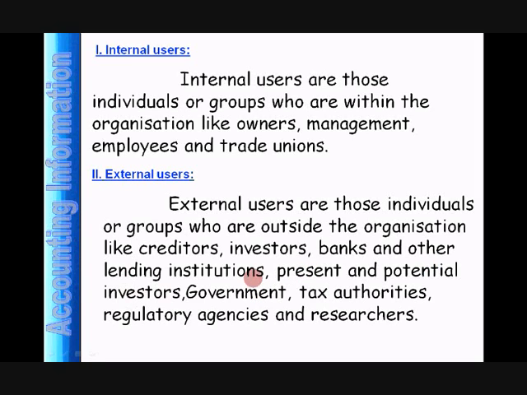If you provide a good picture, there is a potential possibility of getting more investors. Tax authorities, whenever it is year-ending, may ask some questions and you may have to provide answers. If there is an audit, you have to answer certain questions.